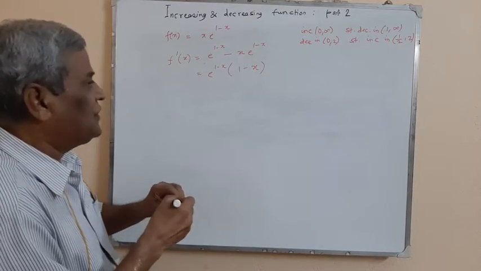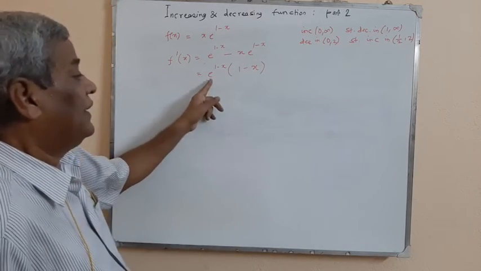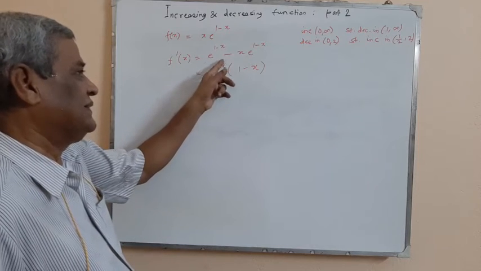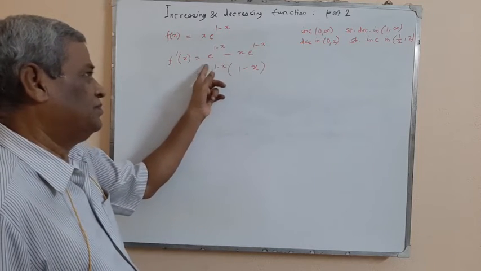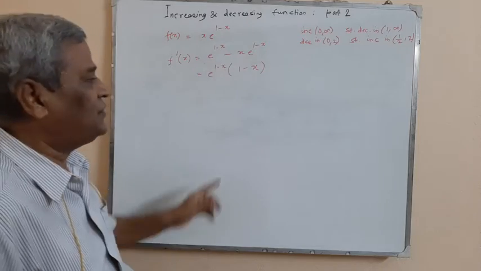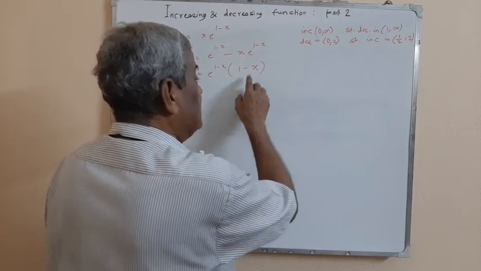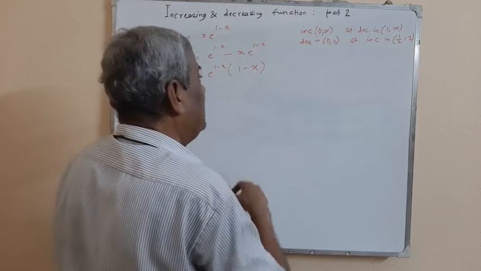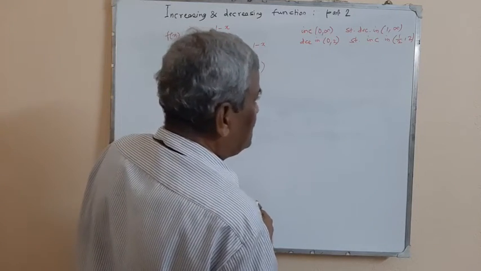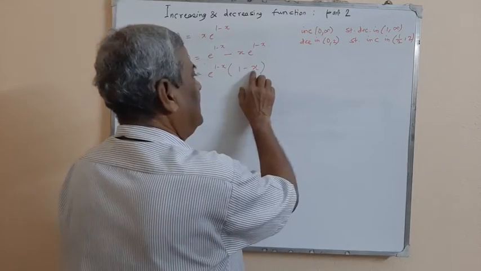Now, this is the derived function. e to the power 1 minus x is ever positive in the finite range, and this is negative if the value of x is greater than 1.